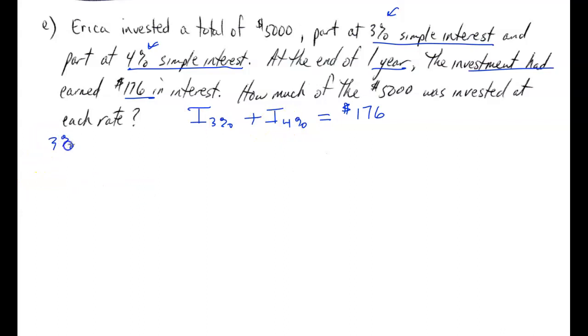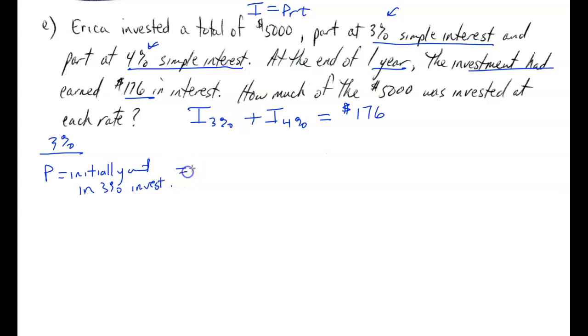So for the 3% investment, we know that, again, I is equal to PRT. So here, P will be the initial amount in the 3% investment.